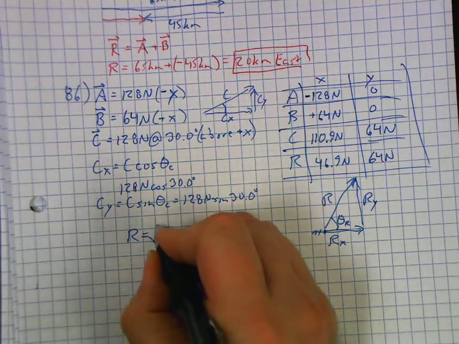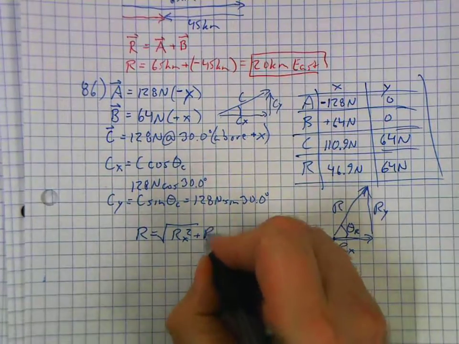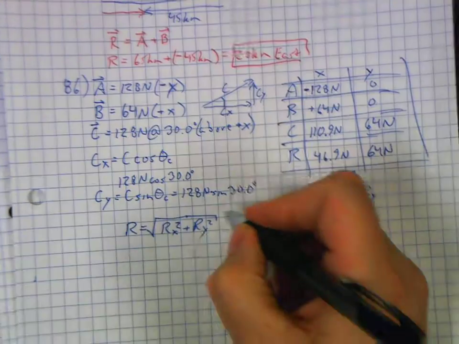Okay, so the magnitude of r is going to be the square root of r sub x squared plus r sub y squared.